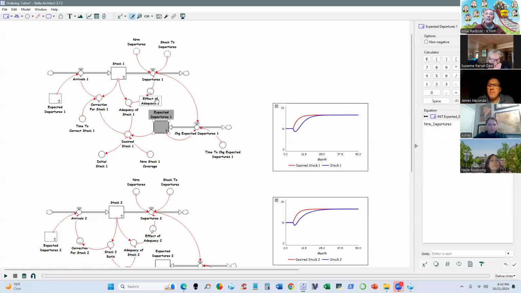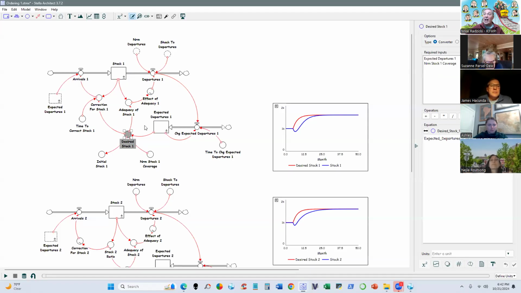So given that on average I expect to be losing stuff from the stock at this rate, and given that I would desire to have so many time units worth of stuff on hand, this is how much I need in here. So that's where the desired stock comes from, and it can now change. In the steady state error example, it was a constant of 1,000, right? So now it can move.